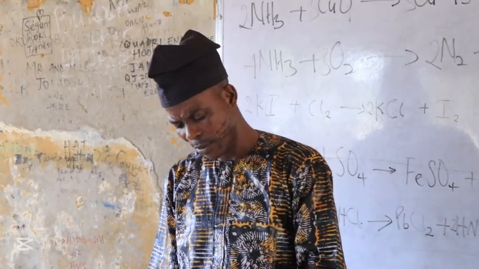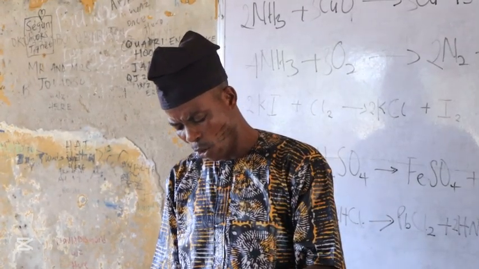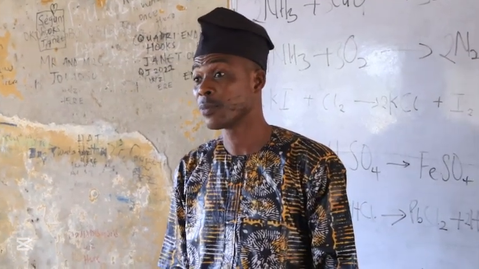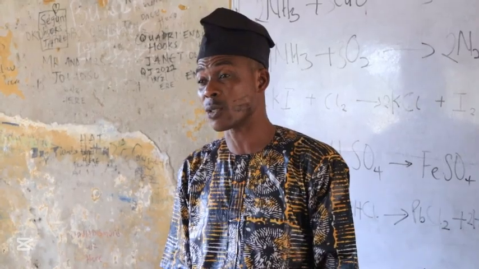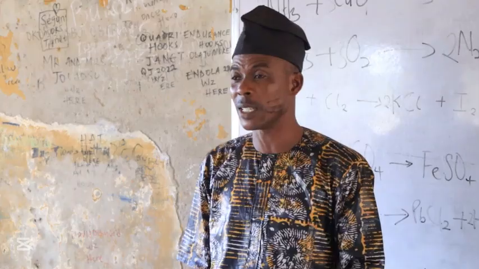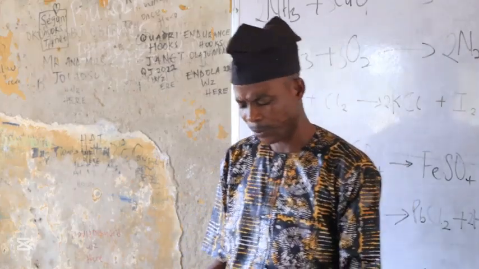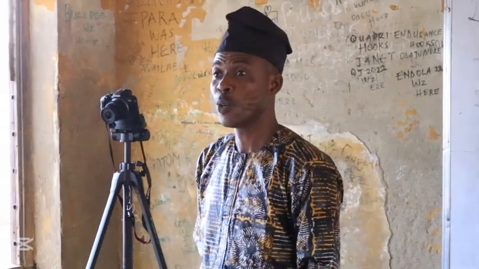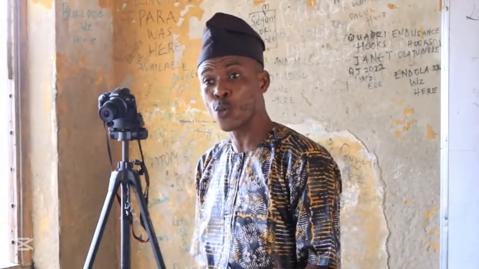Then we have: name the electrode used in the extraction of aluminium. What electrode is used in that extraction? What is the anode? What is the cathode?